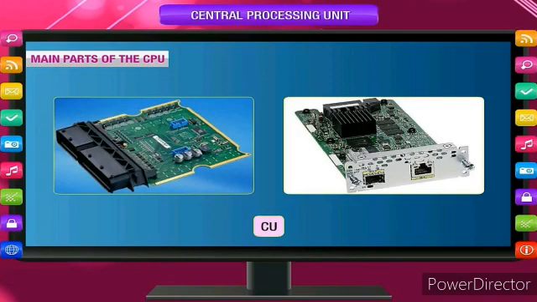CU: the control unit manages all the operations of a computer system, all parts and peripherals of a computer system. It also controls the transfer of information from one part of the CPU to another.